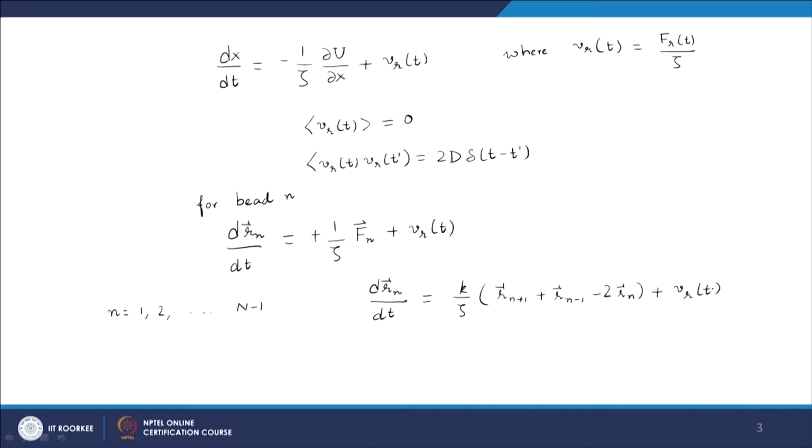And then for n equal to 0, and n equal to capital N, we have a separate relation.